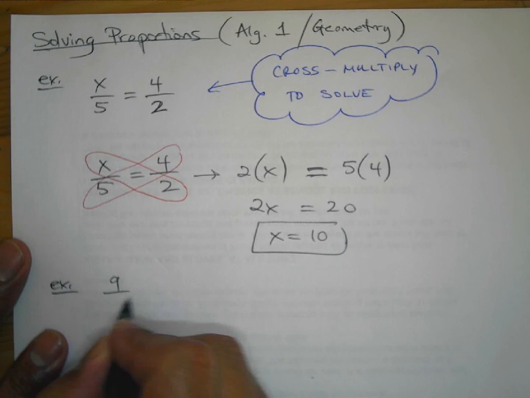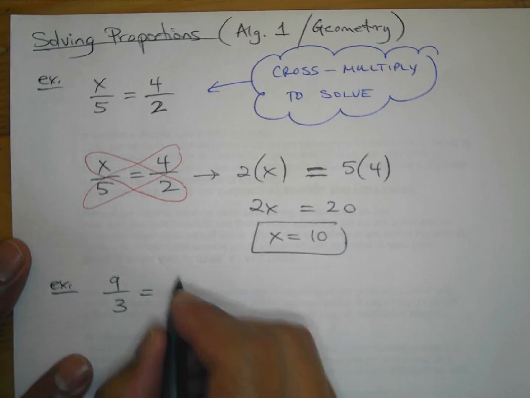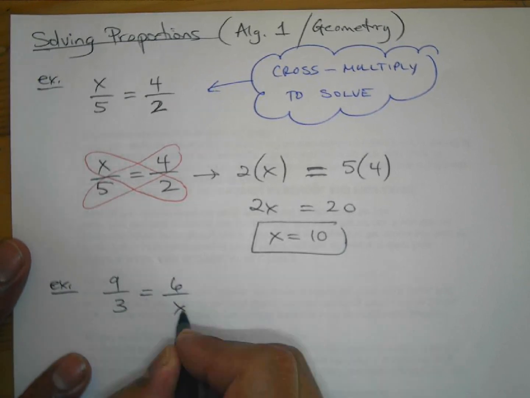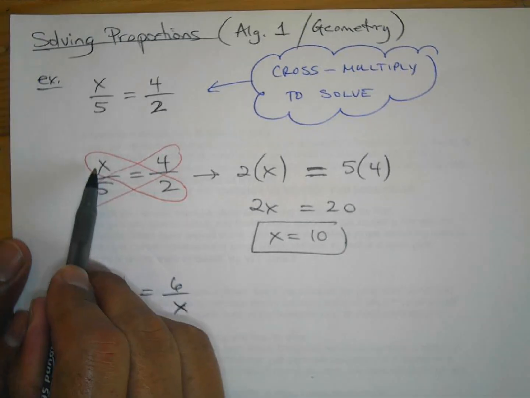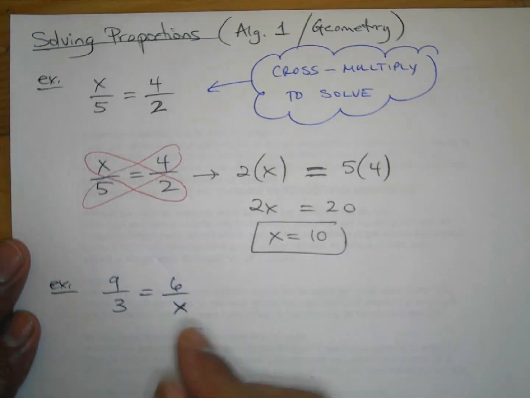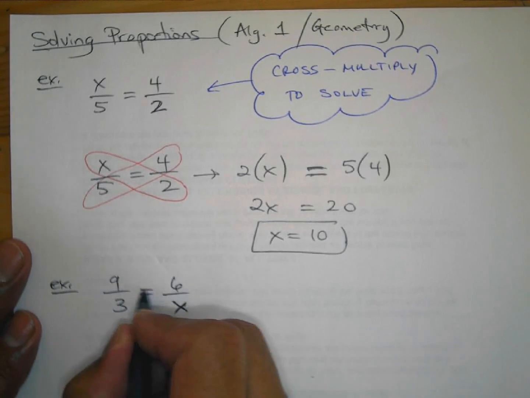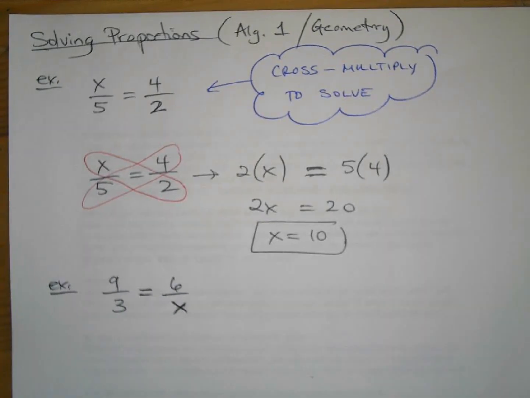I got 9 over 3 equals 6 over x. It doesn't matter if the variable's on the left or on the top, or in this case I put it over here on the right side on the bottom. It doesn't matter. Right, you cross multiply.